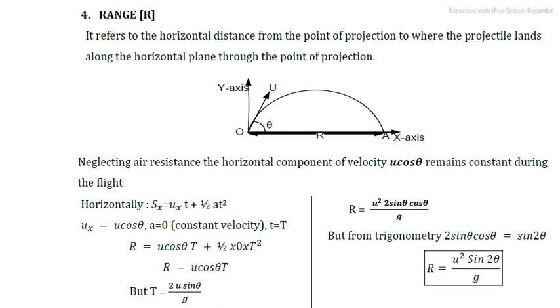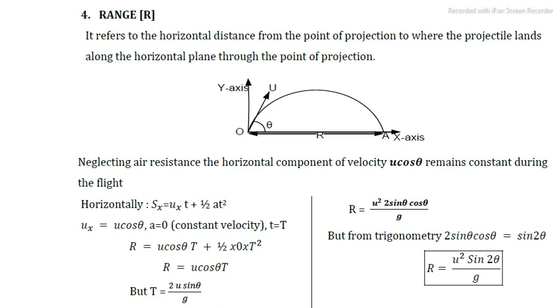Neglecting air resistance, the horizontal component of velocity remains constant, that is u cos theta. Therefore, if we are to determine the range, remember range is the horizontal distance traveled from point of projection to where the object lands.